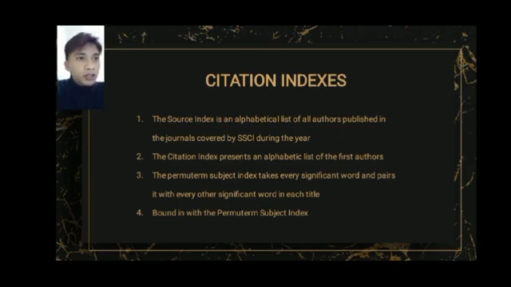For each article, the citation index lists the name of other authors who cited that article, their journal, volume, first page, and year of the article in which the citation occurred.